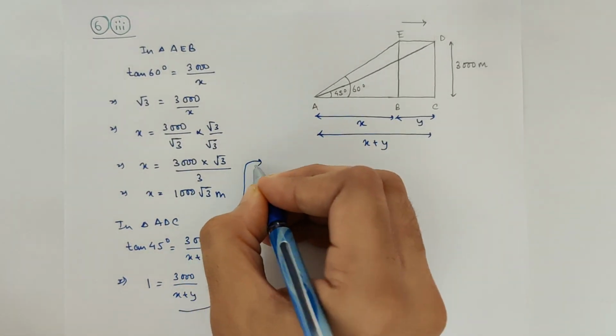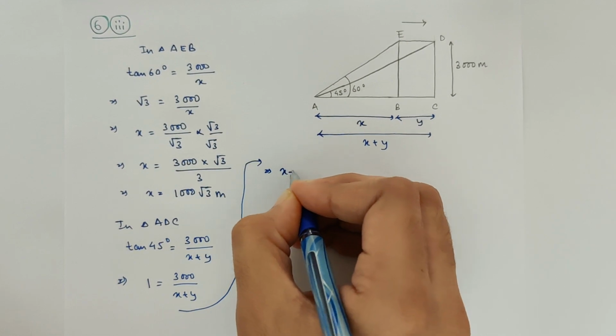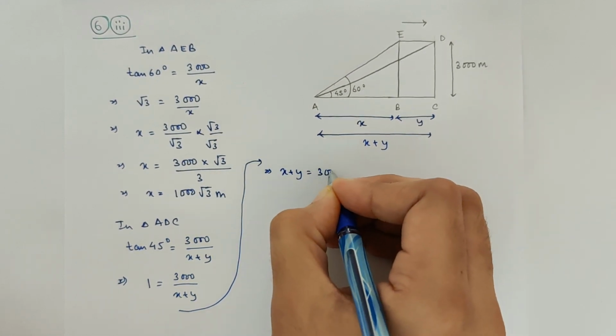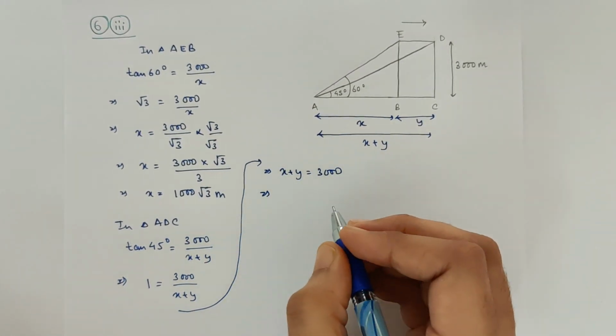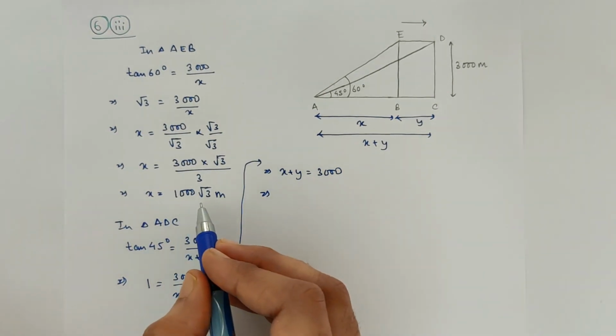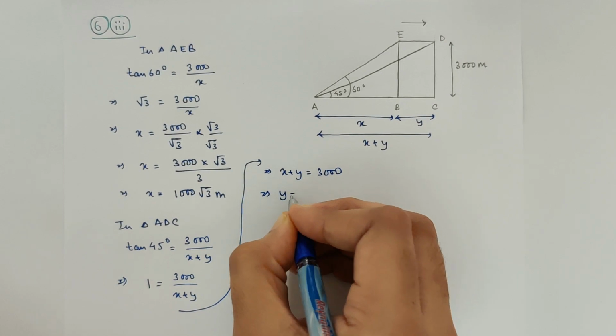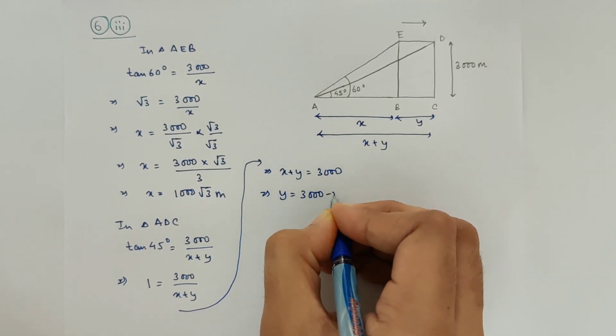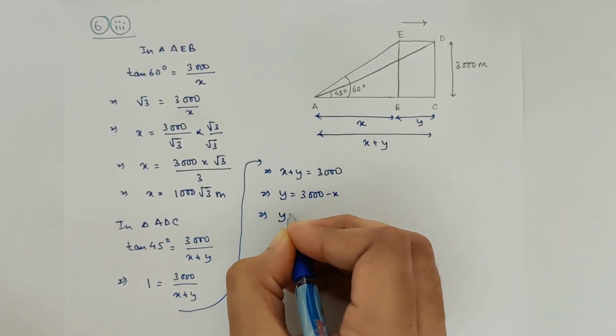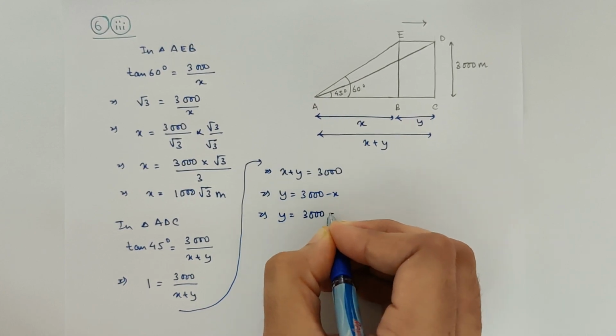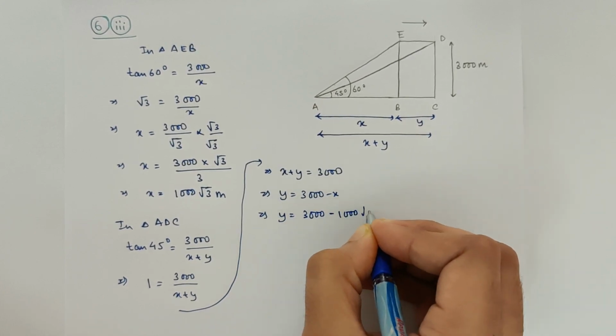So we get x plus y is equal to 3000. Now we already know the value of x, which is 1000 into root 3 meters. So y is equal to 3000 minus x. Therefore y is equal to 3000 minus 1000 root 3.